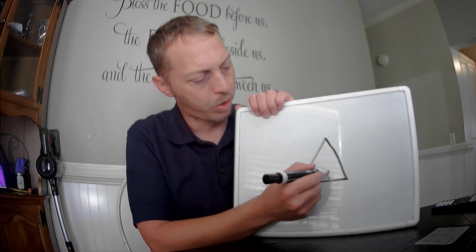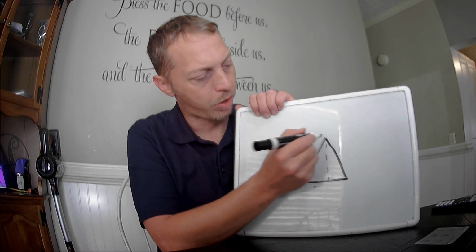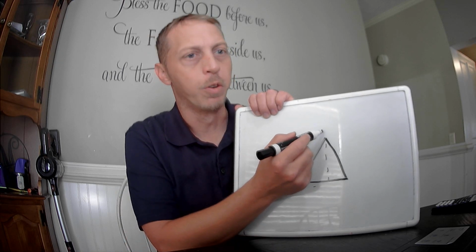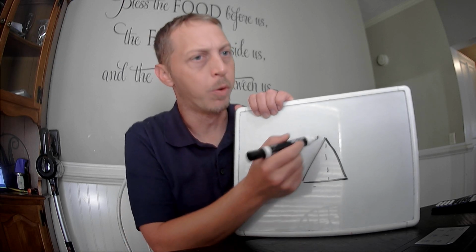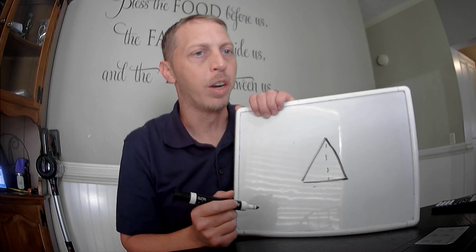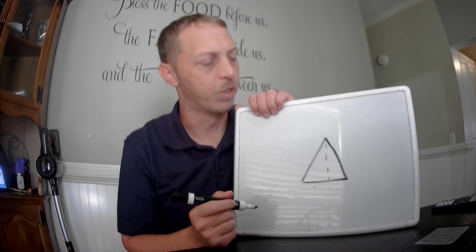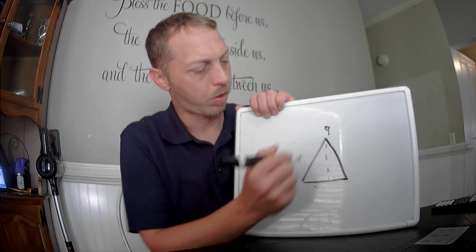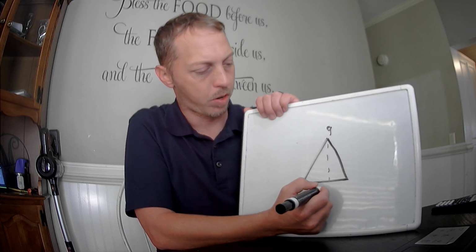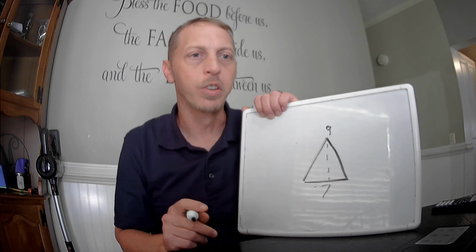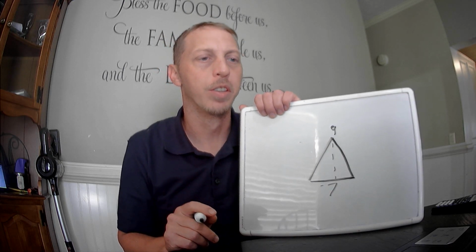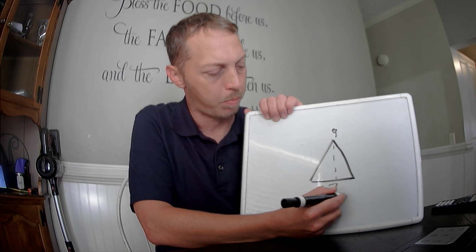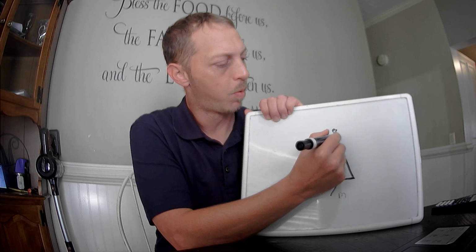Sometimes in an equilateral triangle, your height is going to be right through the middle. Other triangles will be more towards the side. Let's say this triangle has these dimensions, and let's say it's in meters.